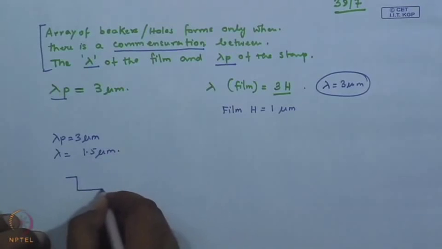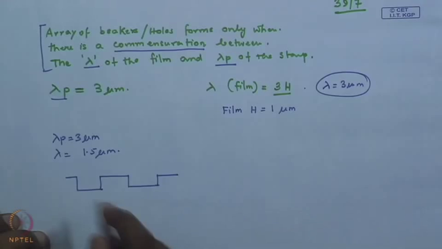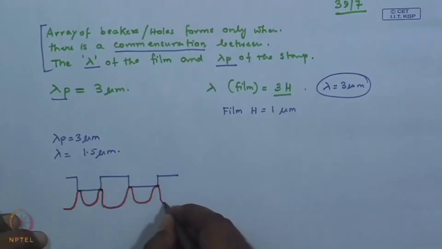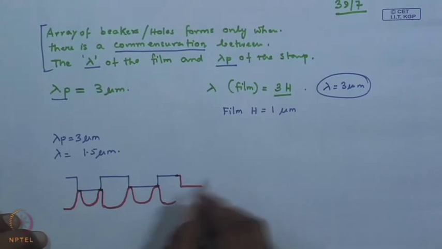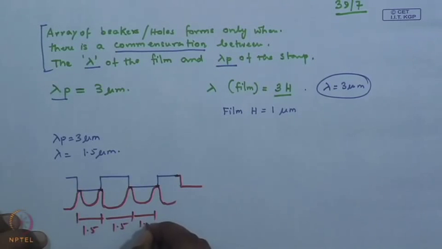So, what you see is that a double periodic structure emerges. If you check the periodicity of these peaks, it still is 1.5 micron.